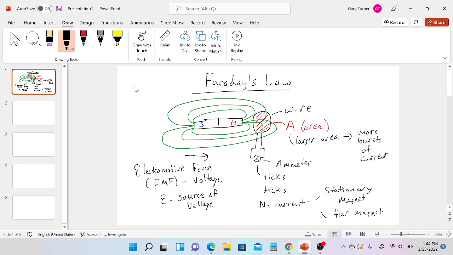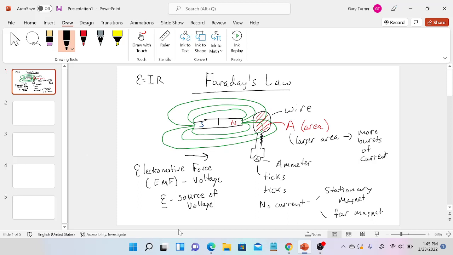So what this means is if I put a resistor in here, then I can predict what the value of the current will be if I know what the EMF is going to be. So Ohm's law would hold.